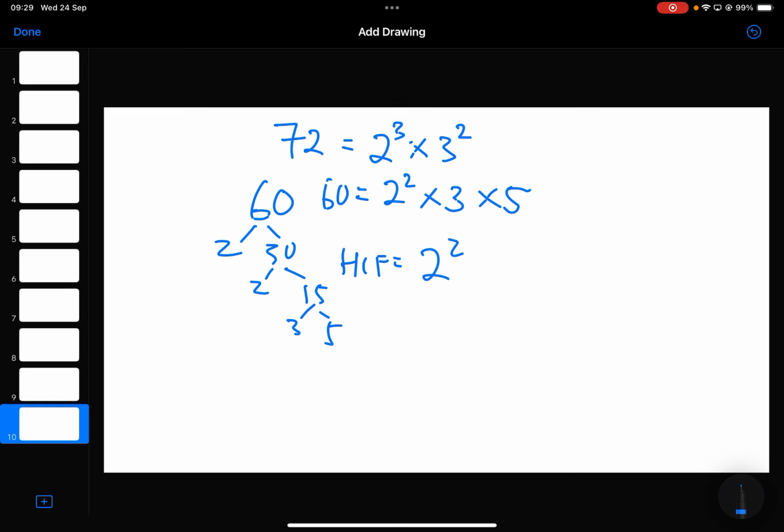Then for the 3, here is 3, here is 3 squared. 3 squared contains 3. So the common one is 3. Okay? Is 5 common or not? Here got 5, here don't have 5, so it's not common. So for the highest common factor, I can only choose what is common. That's why looking at the prime factors itself, I can also get my highest common factor is 2 squared times 3 equals 12.